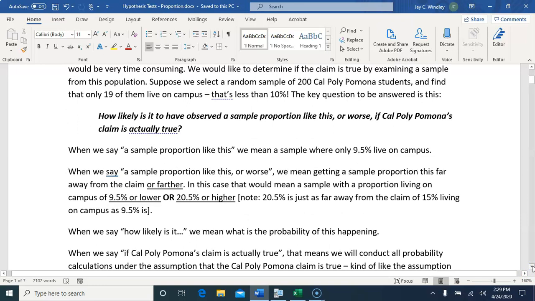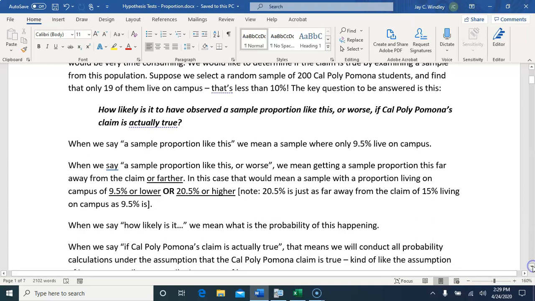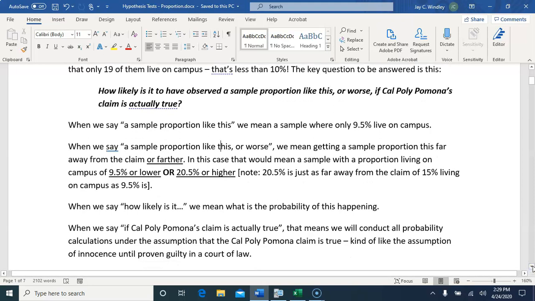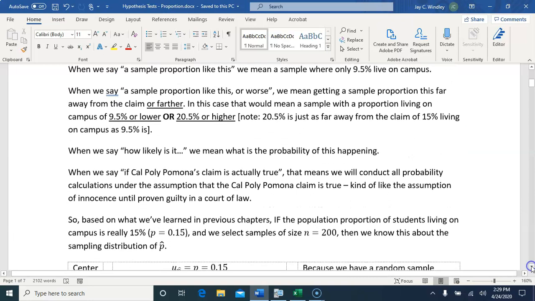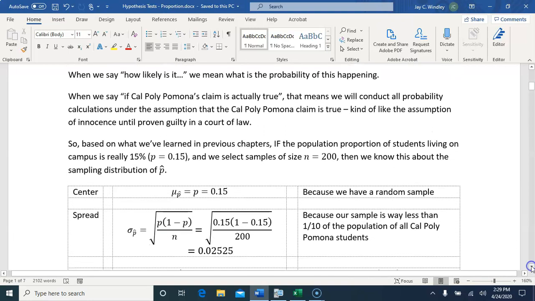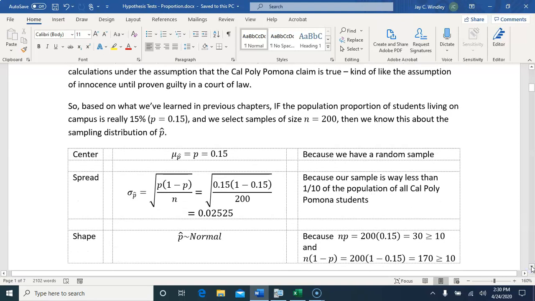And we're going to assume for a moment that Cal Poly Pomona's claim of 15% is true, kind of like someone who is in court: innocent until proven guilty. So, what we know about the sampling distribution of p hat: the mean of the p hats is the population p, which is 0.15 according to the claim.